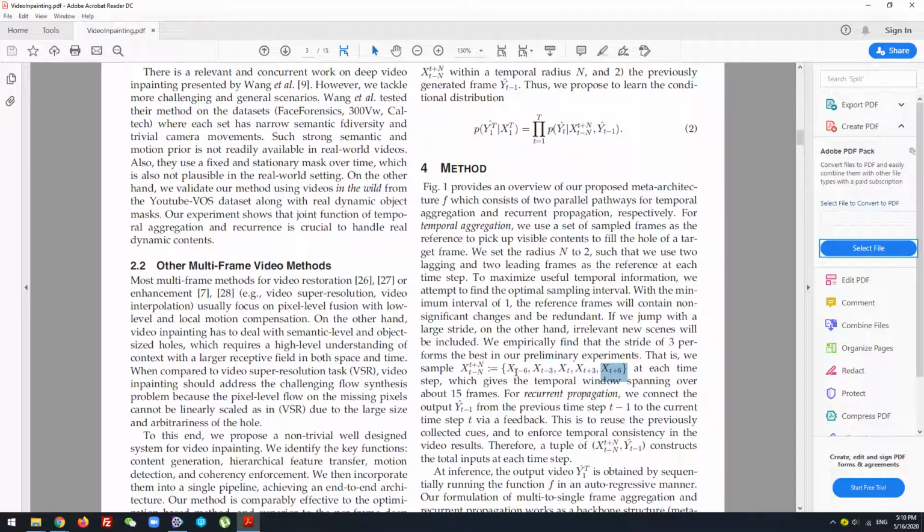However, if the stride is too large, for example 10, so t minus 20, t minus 10, t, t plus 10, and t plus 20, these frames may differ from each other, so they may not look like continuous frames. So the author used 3 as the stride.